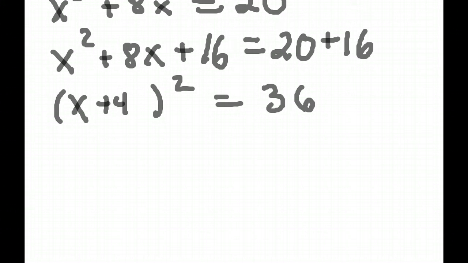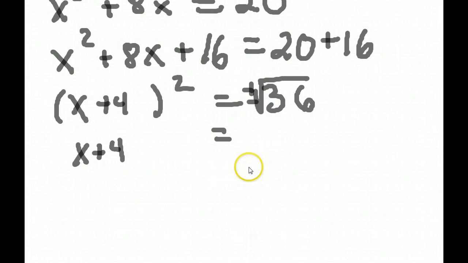So we have (x plus 4) squared, and we want to get rid of the square. So it's just x plus 4, right? Yeah, when you take the square root. And then what happens on the right, the 36? This is where our plus or minus goes. Plus or minus 6.